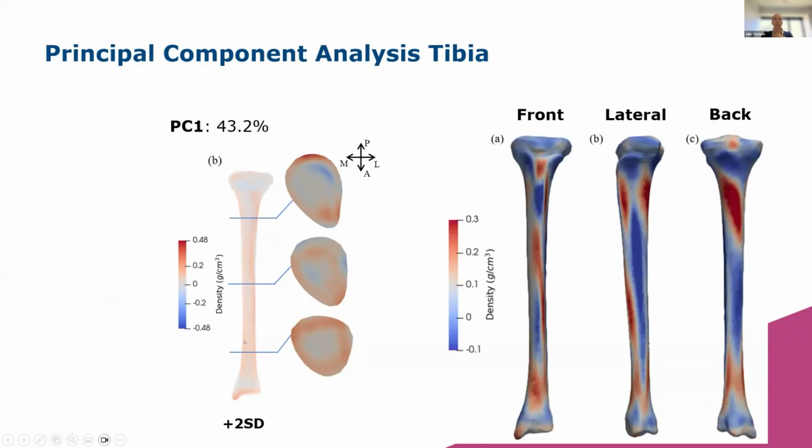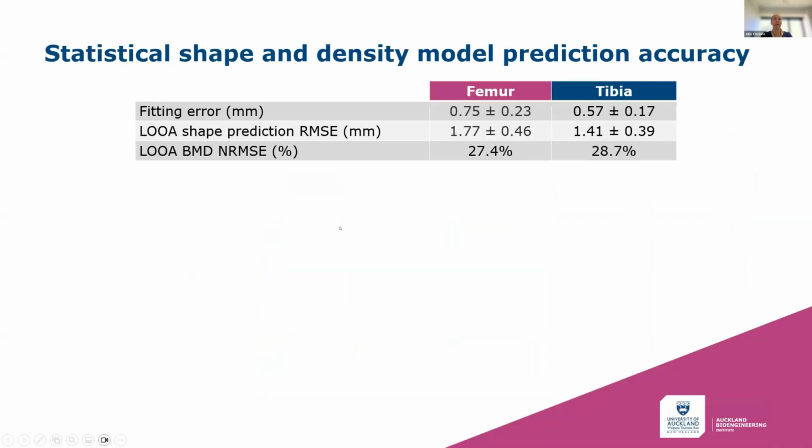And we also looked at that +2 standard deviation and highlighted the bone mineral density. You can see that you've got an increase in bone mineral density at some places, which is similar if you map the muscle insertions. So that's the muscle contributing to that bone mineral density.